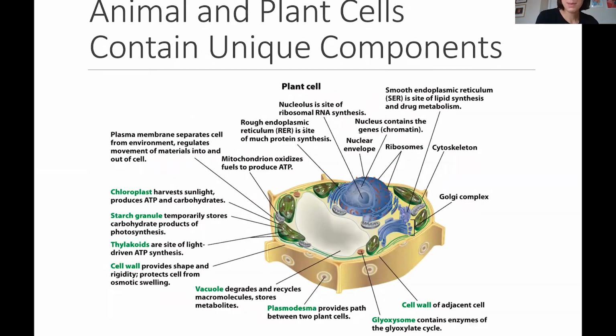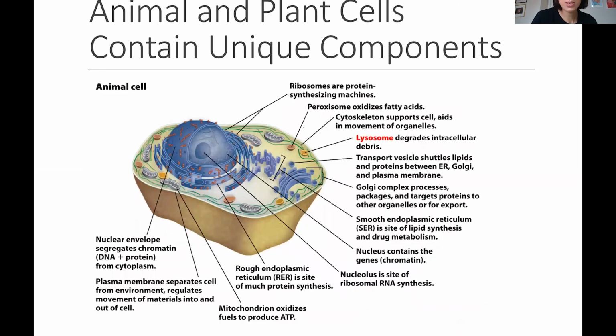Now, when we look at plant cells, they utilize all of the organelles except for the lysosomes that we just looked at in the animal cells, but they have some unique cellular components that you do not find in animal cells. One thing I will bring up, a lot of people like to contrast: plant cells have chloroplasts where they make their energy, and animal cells do not have chloroplasts.